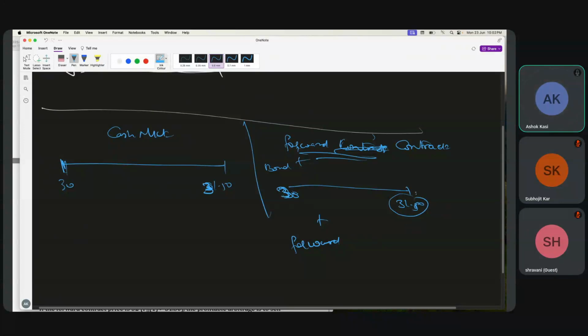So once you get 31.50 after 1 year, you will execute the contract. That means you will pay that 31.50 from this amount, and you will get that Acme share. Here, this is also an Acme share. So finally, you are getting an Acme share whose worth is 31.50. Both the cash market and bond plus forward contract are giving you the same output.